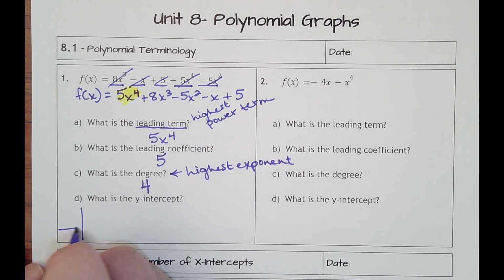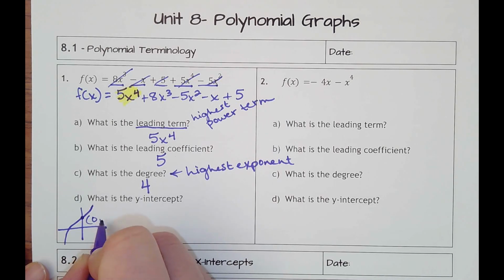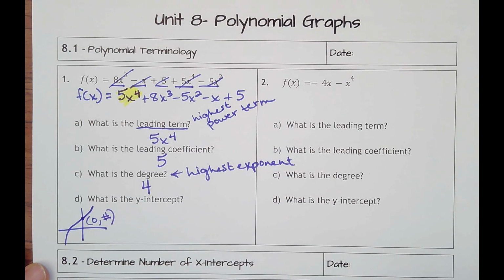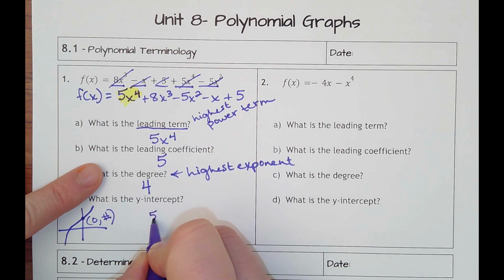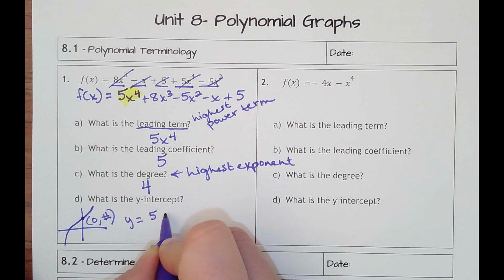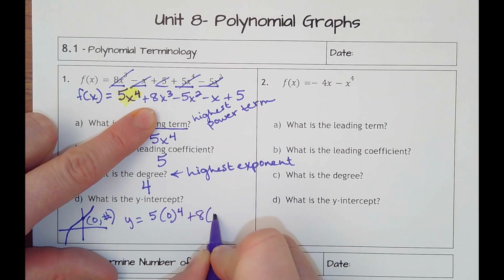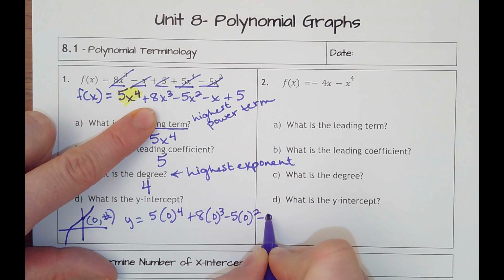And then what is the y-intercept? Remember that when you have a y-intercept of a graph, that means it's going through the y-axis, and so the x value is going to be 0, comma, your y value. And so basically all I have to do is plug in 0 for every x. So let's get y equals 5 times 0 to the fourth plus 8 times 0 cubed minus 5 times 0 squared minus 0 plus 5.